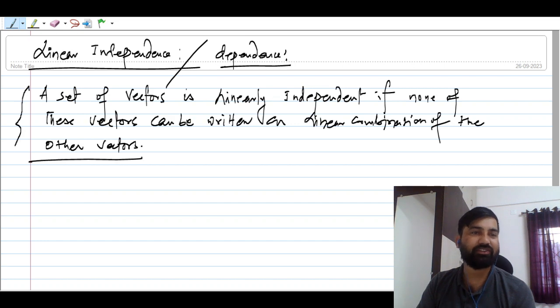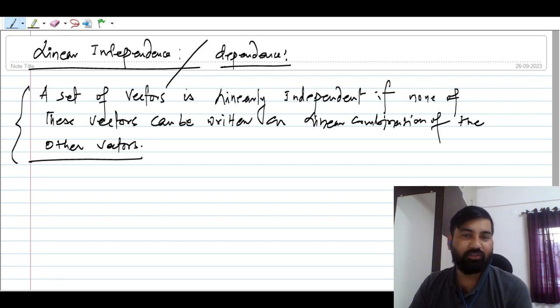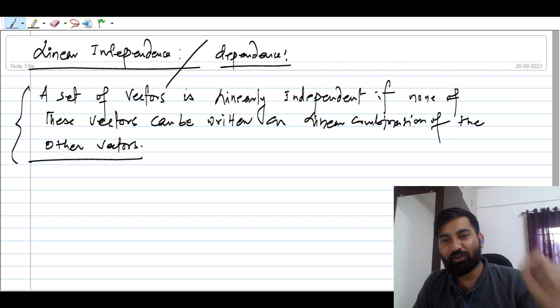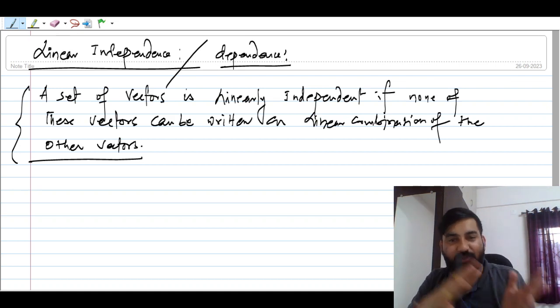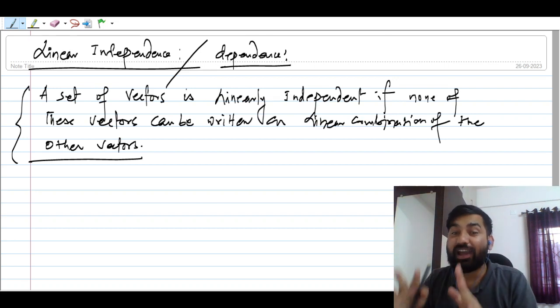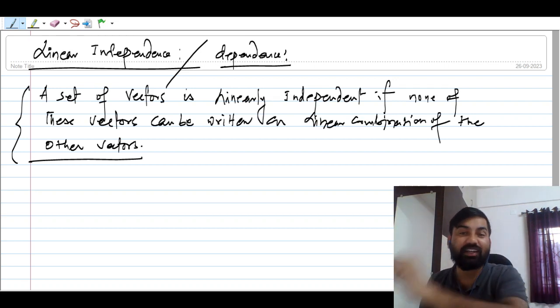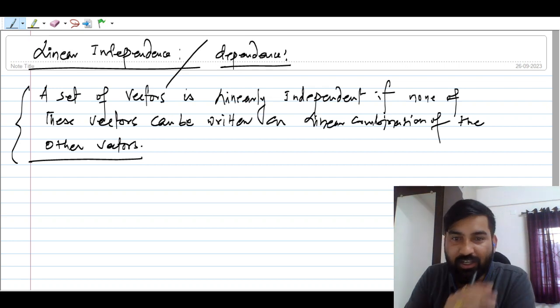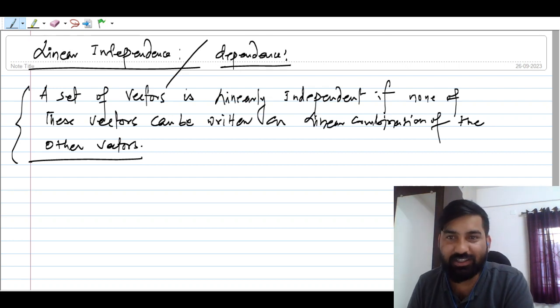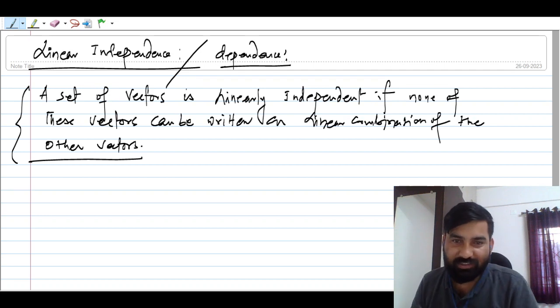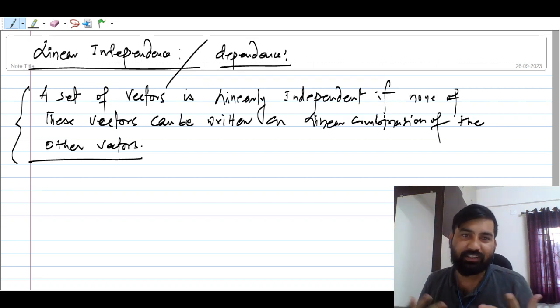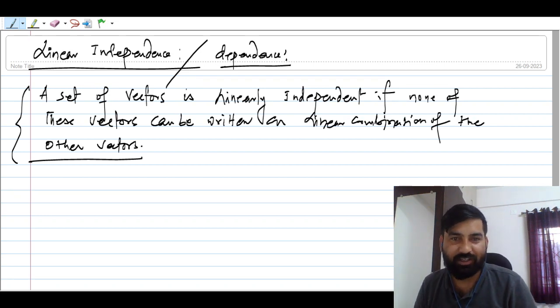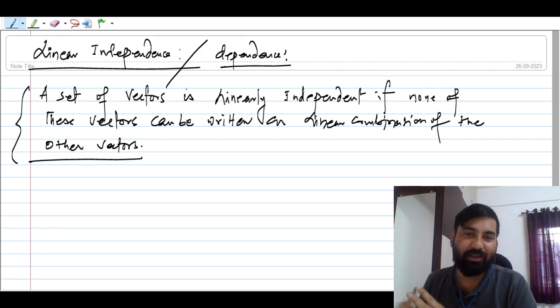I hope this makes sense to all, right? Last time I told you lambda 1 v1 plus lambda 2 v2 plus lambda 3 v3 should be equal to 0 if and only if all these lambdas are 0, right? Lambda 1, lambda 2, lambda 3, they are 0. So in other language, a set of vectors is given, and if you are not able to write them as a linear combination, that means they are linearly independent vectors.